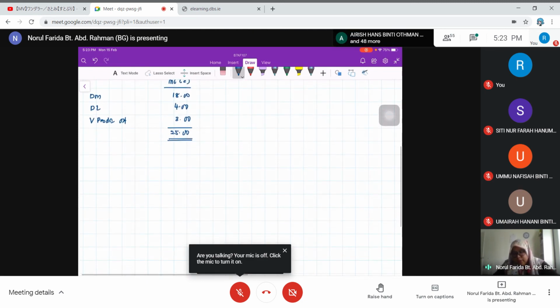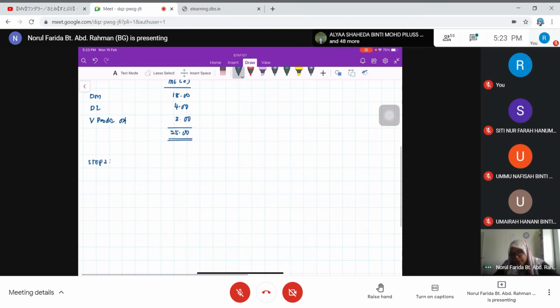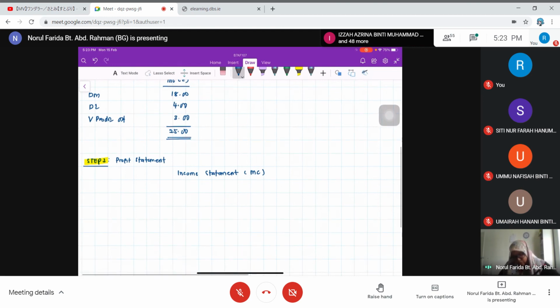So, kita akan buat apa tadi tu nama dia? Profit statement. So, you are going to prepare an income statement under marginal costing. Okay, 2 bulan, so 2 lah. Right, sama macam tadi lah kita buat kolom je. Kita akan buat bentuk kolom sahaja.